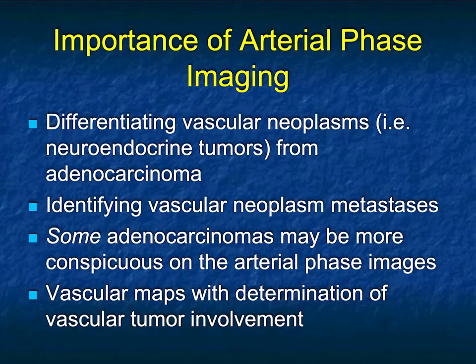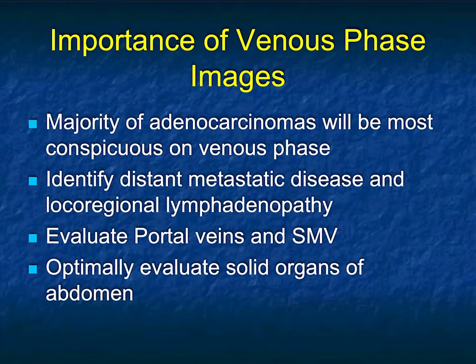Of course, arterial phase is also important in terms of vascular mapping: the celiac, the SMA, hepatic artery, any anatomic variants, things that would be important to the surgeon at time of surgery. Venous phase imaging, the majority of adenocarcinomas are most conspicuous, which is why all the AI tends to be on the venous phase.